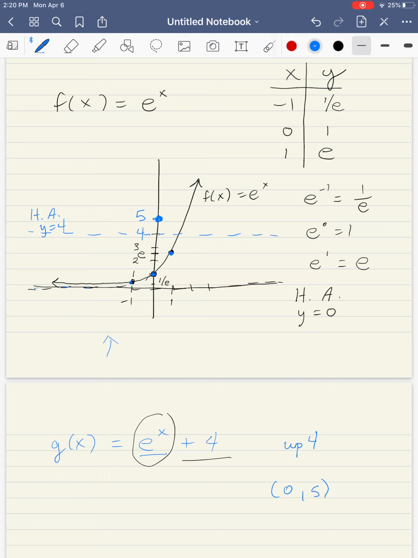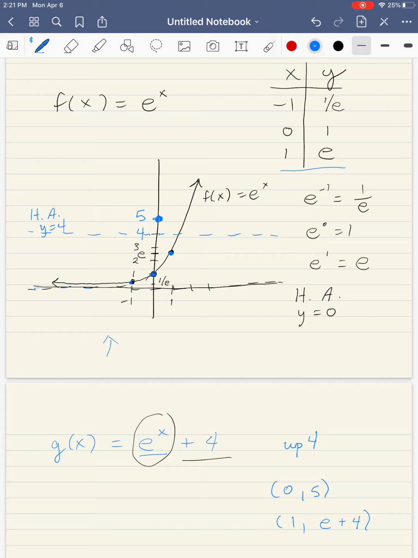If I take my point 1, e and I move it up 4 units, I'm going to have 1, and then we're not going to do an estimate here. We're going to do the exact number. And if I take e and I add 4 units, it's literally just the number e plus 4.